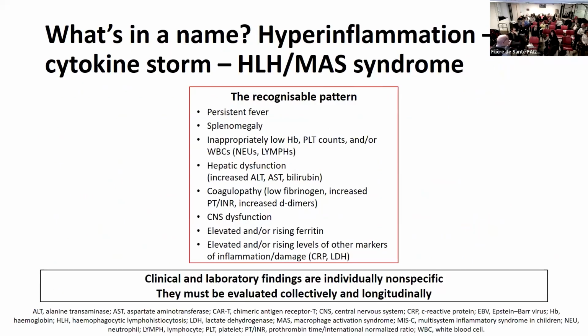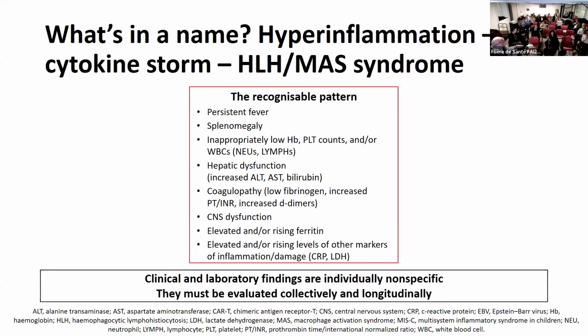And there was one thing that I like to stress clinically: the recognizable clinical pattern. Now, there is not one single clinical sign or one single laboratory parameter that allows you to make a diagnosis of a hyperinflammatory syndrome, but there is a pattern. That's the fever, the splenomegaly, the low counts, not necessarily low, just inappropriately low for the degree of inflammation, organ dysfunction, usually liver, coagulopathy with intravascular activation of the coagulation well before getting to DIC.